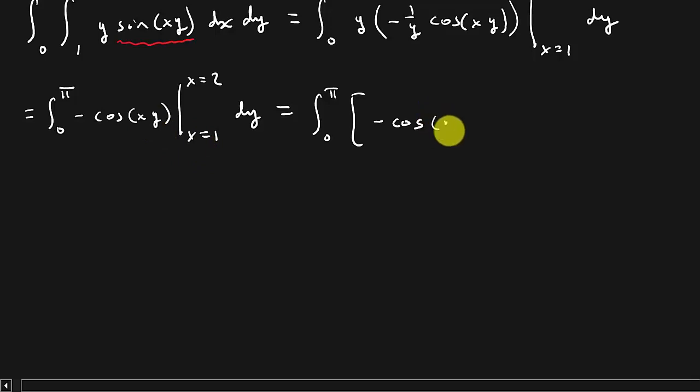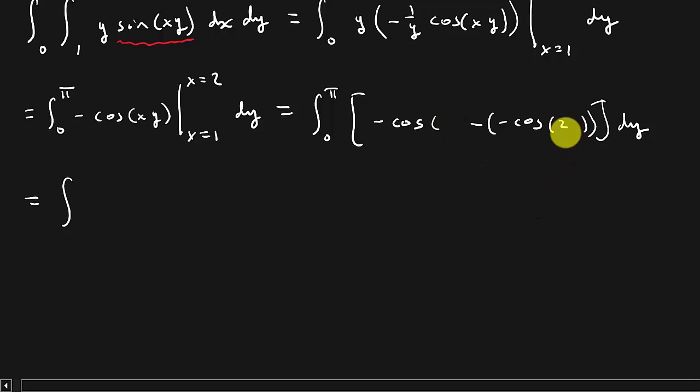So that's 1 times y, that's negative cosine y, minus negative cosine, and then I'm plugging the 2 in for x, so that's cosine 2y, dy.